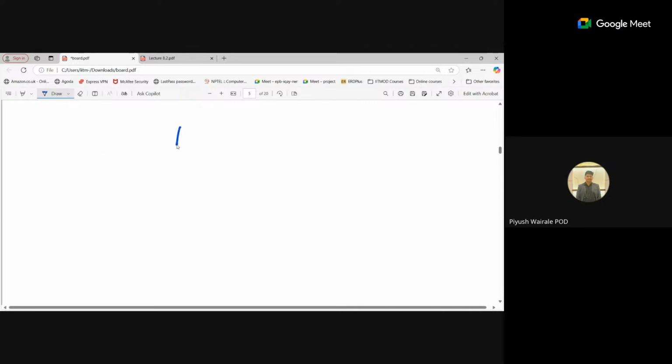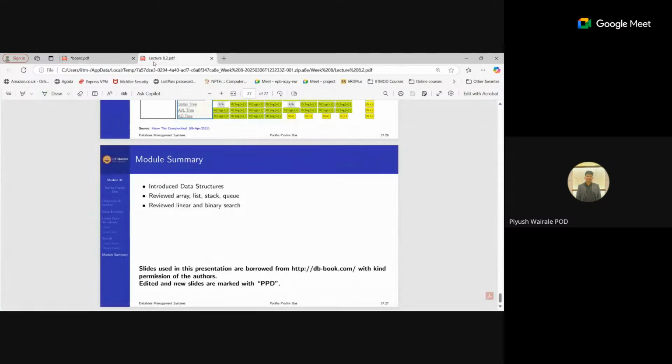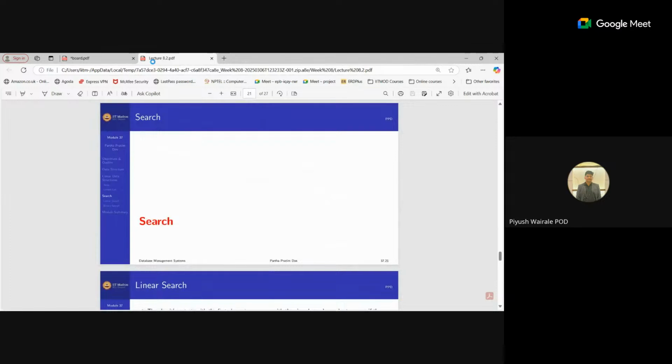Suppose I have this data in my array, for example 2, 3, 4, 1, 7. Now I want to search whether 1 is present in this array or not. How are we going to search using linear search? Anyway, you are going to discuss that in detail in the PDSA course, but as a part of this course, let's have an introduction to linear search.